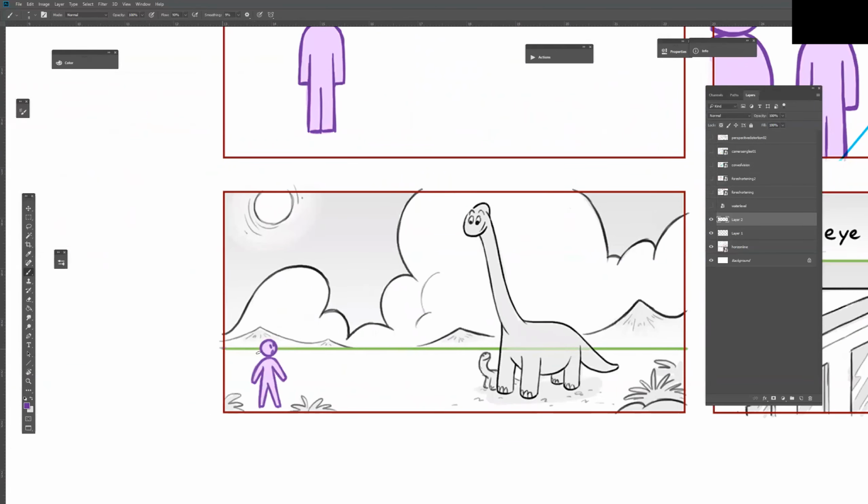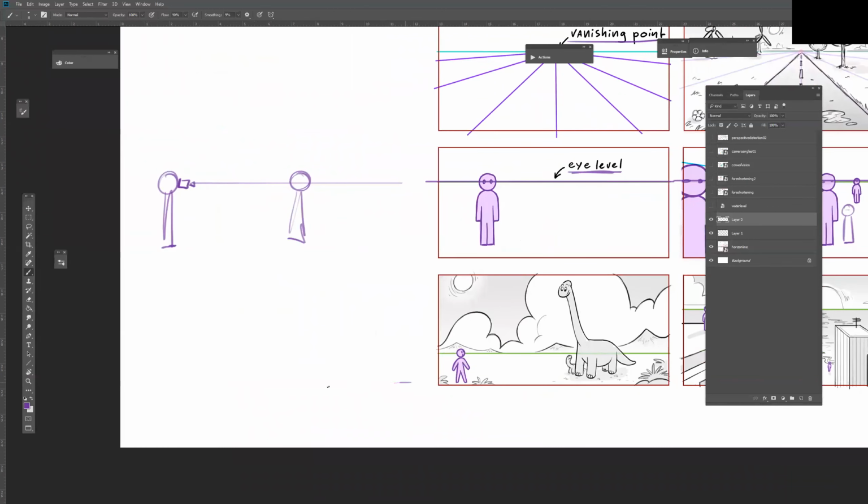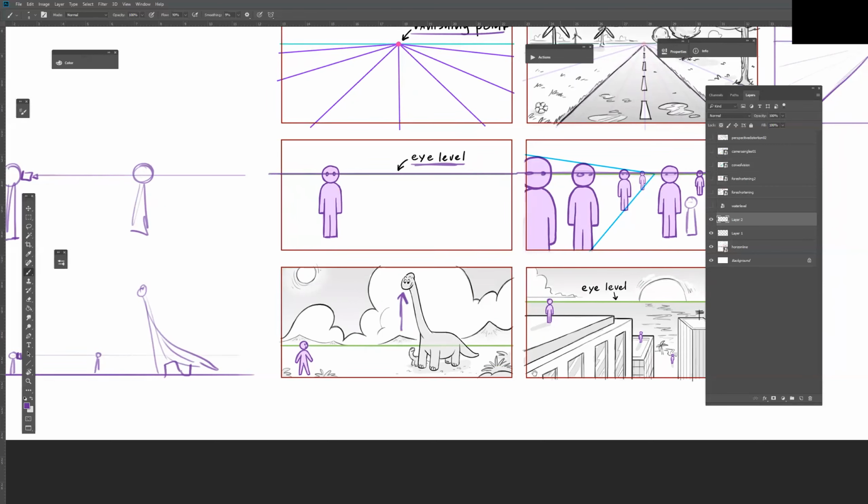For example, if we're at this picture, let me draw the side of this. Here we're taking a picture, like this. And here's a person looking at this dinosaur, and the dinosaur is really big. So the eyes of the dino are way up here. That's why it's far above the eye level.